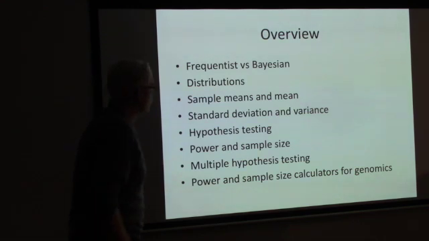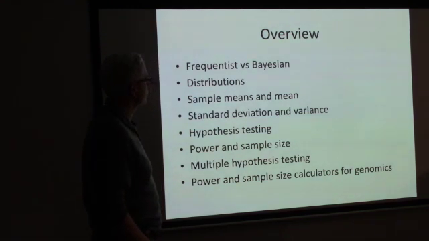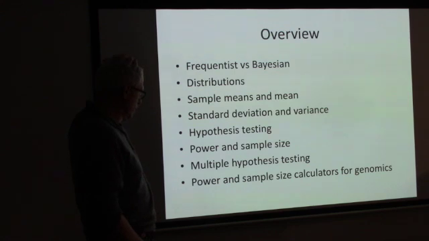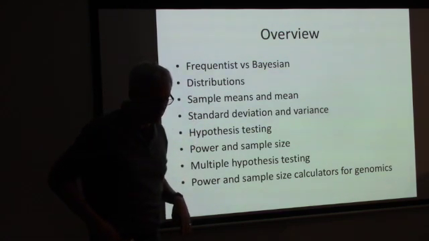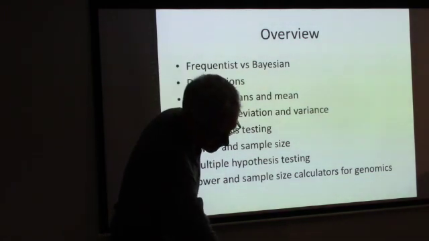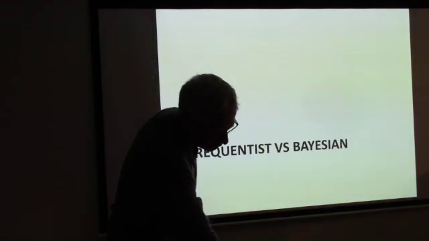Okay, so the overview is a word about frequentist versus Bayesian. We're going to talk about what distributions mean, sample mean and mean, standard deviation and variance, then hypothesis testing, power and sample size. So, frequentist versus Bayesian.